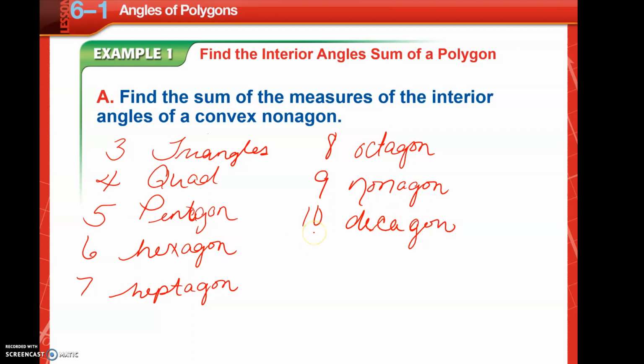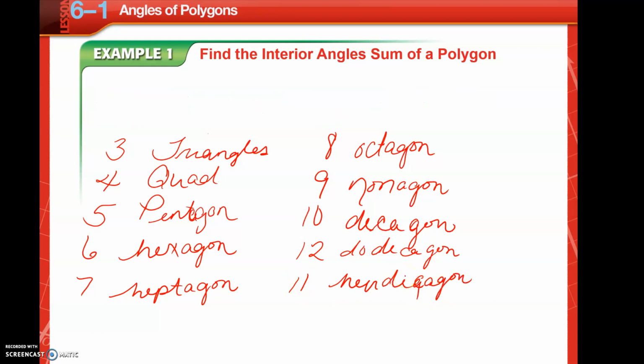And 11, most of the time we'll call it an 11-gon. 12 is a dodecagon. Sometimes 11 will be called a hendecagon. If you don't know those, that might be something that you'll want to study.